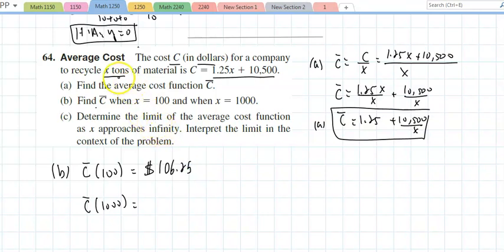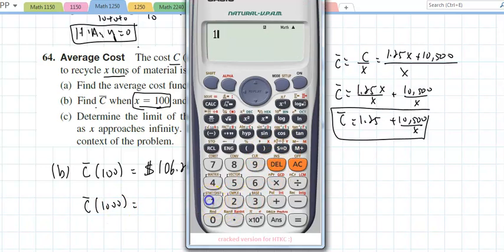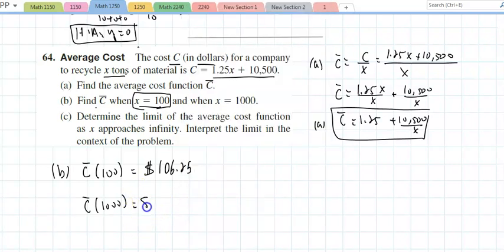The cost of recycling, x is the number of tons of material. 100 tons of recyclable material will cost $106. What if I wanted to do 1,000? It'll cost $11.75.